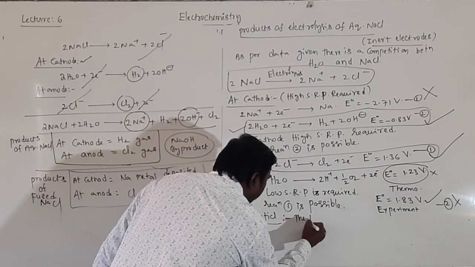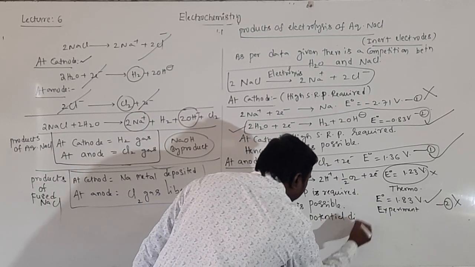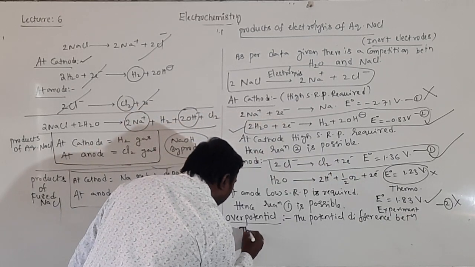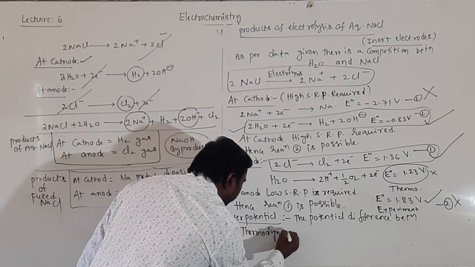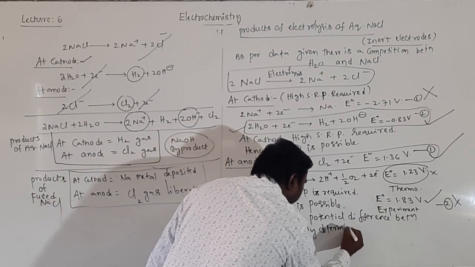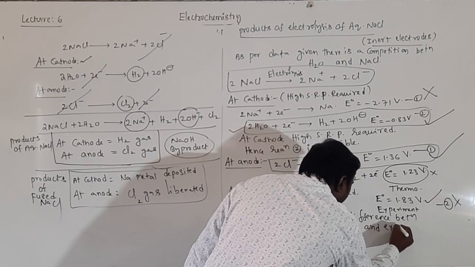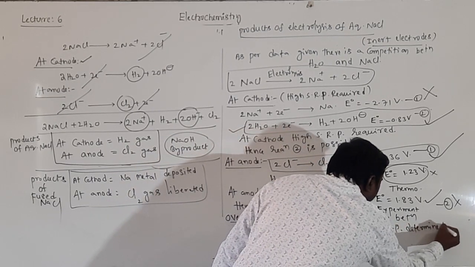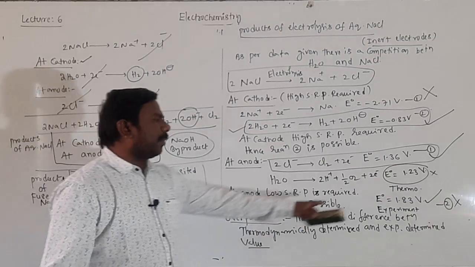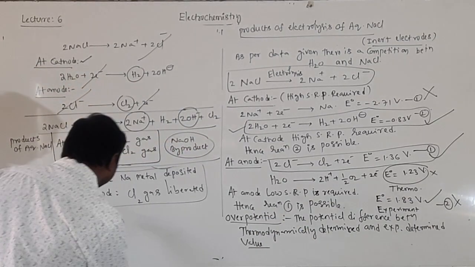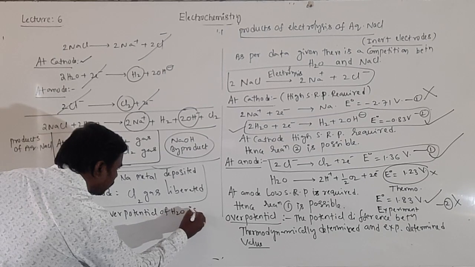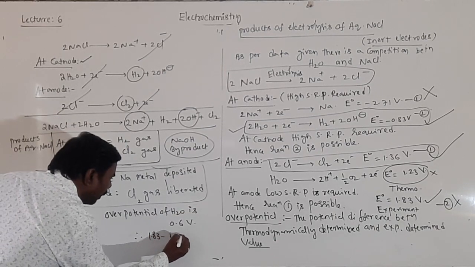Overpotential: the potential difference between the thermodynamically determined value and the experimentally determined value is called overpotential. The overpotential of water is 1.83 minus 1.23.